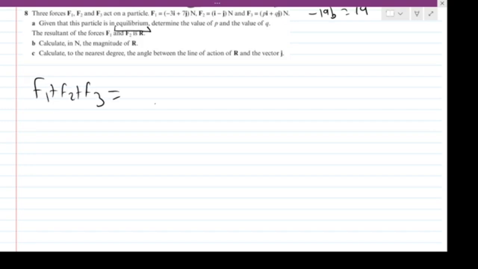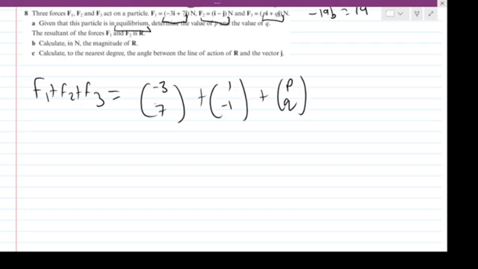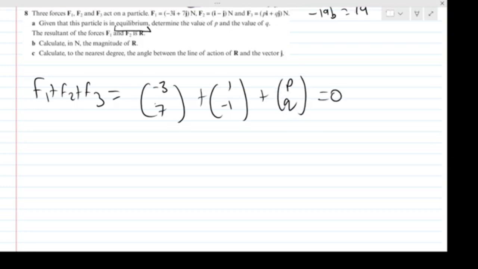If we add them up to get the overall, the resultant vector, right? The resultant force, we get, F1 is here, minus 3, 7. F2 is i minus j, so that's going to be 1, minus 1. And then F3 is pi plus qj, p and q. Okay, then it's an equilibrium, so all of that has to be 0 overall.